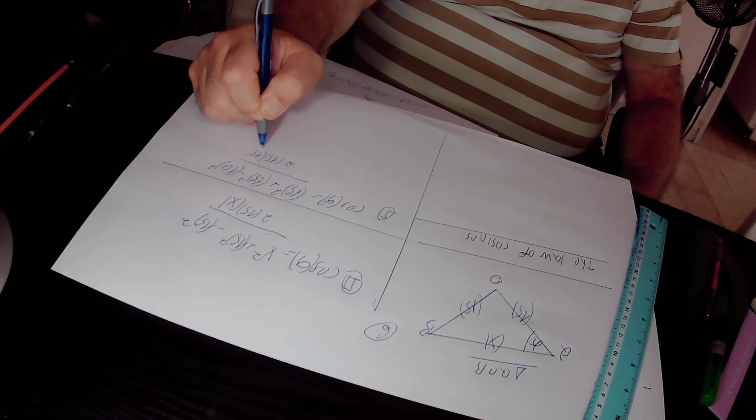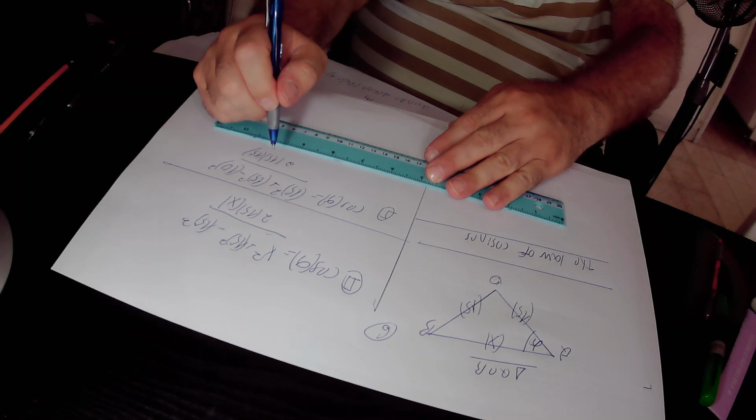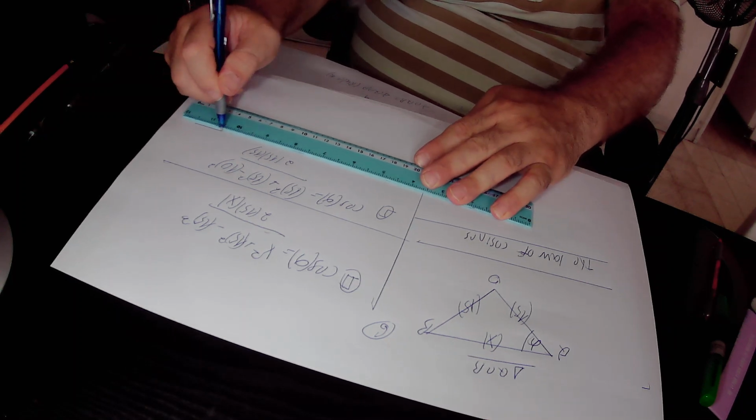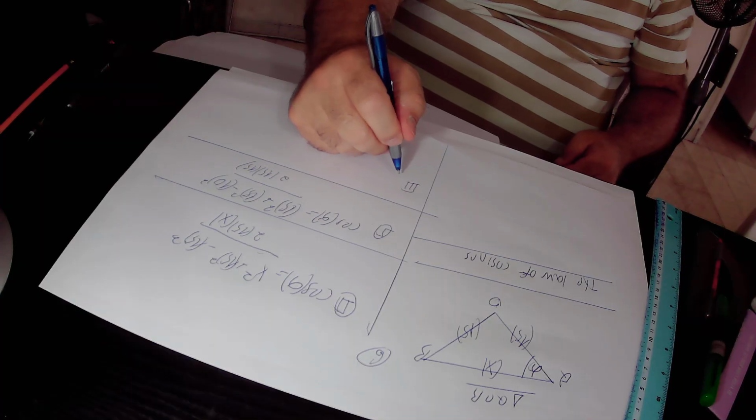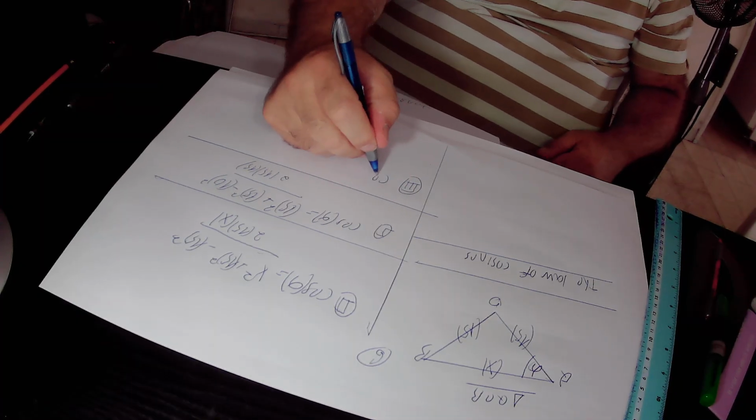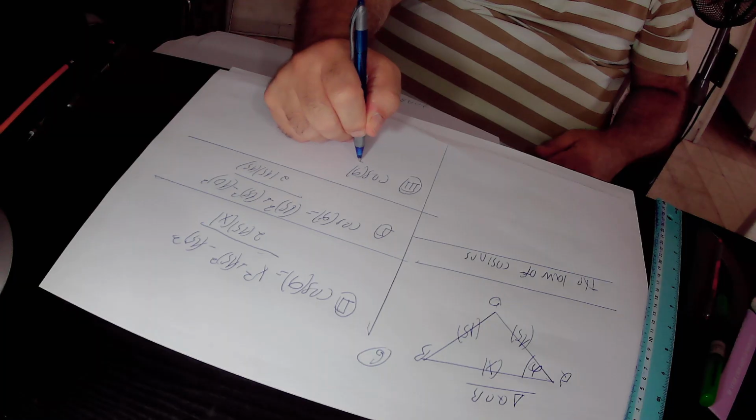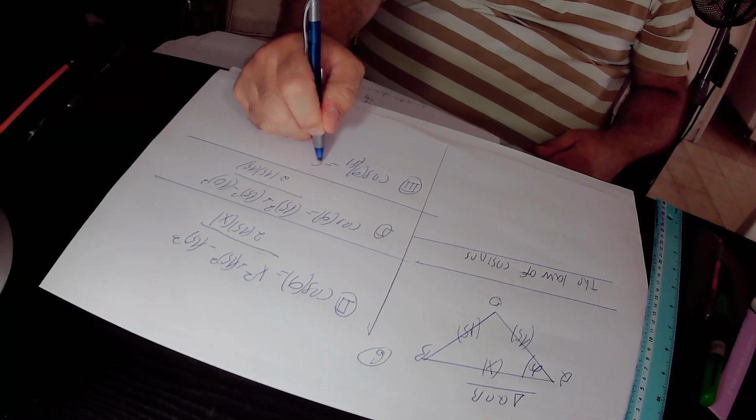So we have two different equations for the value of cosine alpha. So in the next step we create equation 3 that states that cosine alpha according to equation 1 must be equal to cosine alpha according to equation 2.